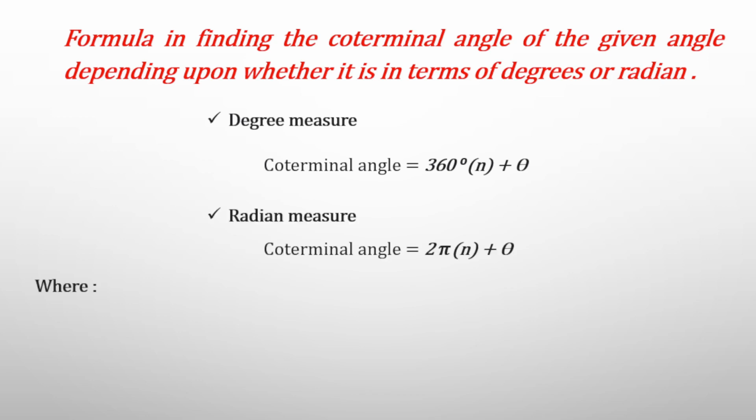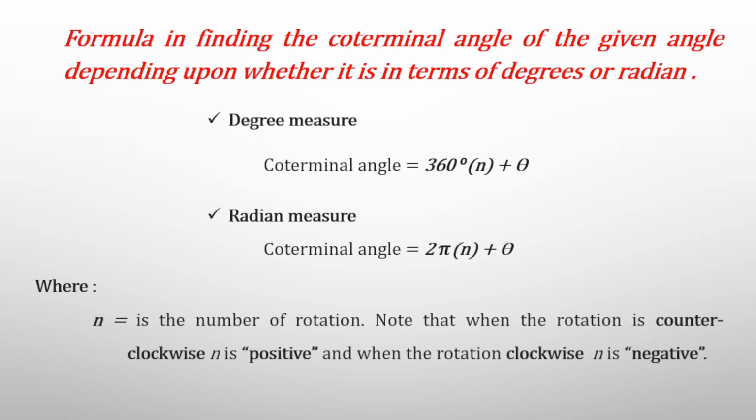In radians, the coterminal angle is 2 pi times n plus theta, where n is the number of rotations. Note that when the rotation is counterclockwise, n is positive. When the rotation is clockwise, n is negative. And theta is the given angle.